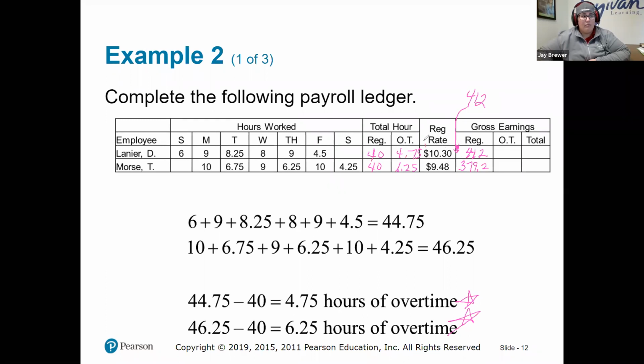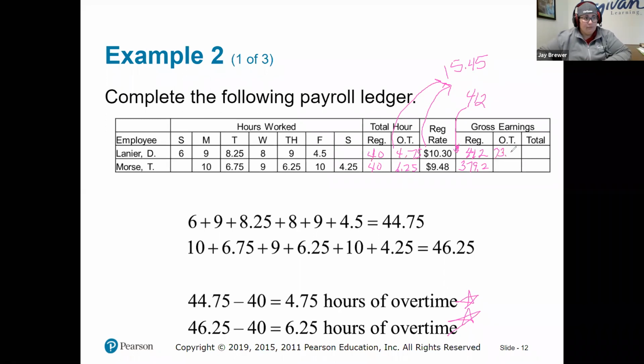Do you remember what we multiply our rate by to find our overtime? Isn't it 1.5? So we're going to take 10.30 times 1.5 and we end up with an overtime rate of 15.45. And then we'll multiply our overtime hours by that. And we end up getting 73.